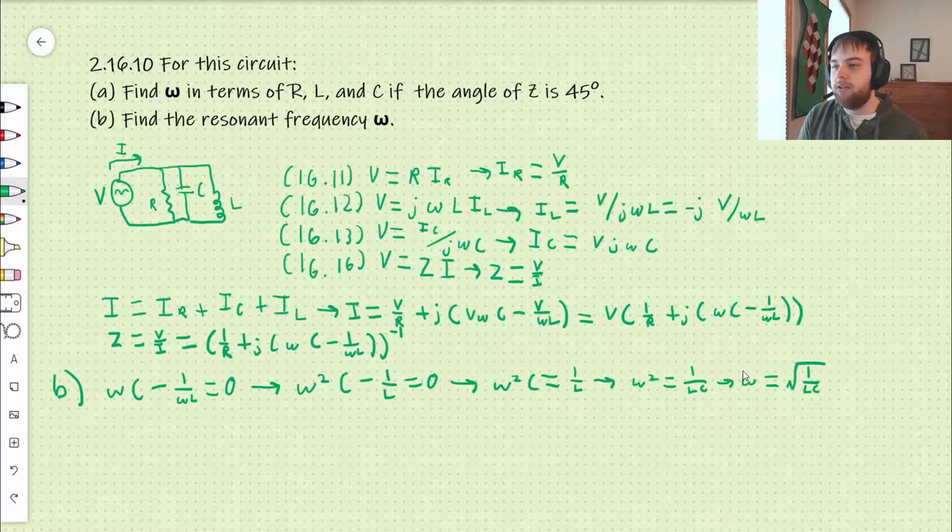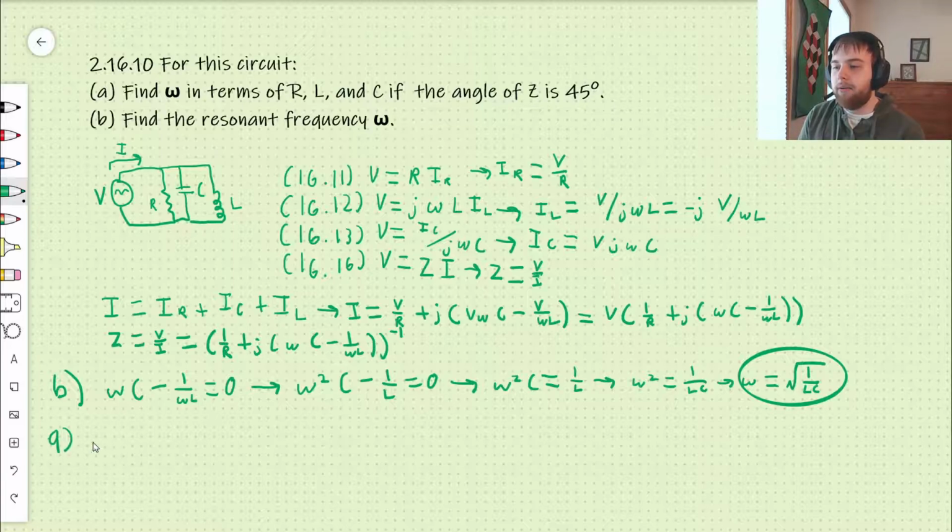And this is the answer for part B. It's technically positive or negative, but it's not like spinning the other way around a circle really changes how this works, so that's an appropriate answer.